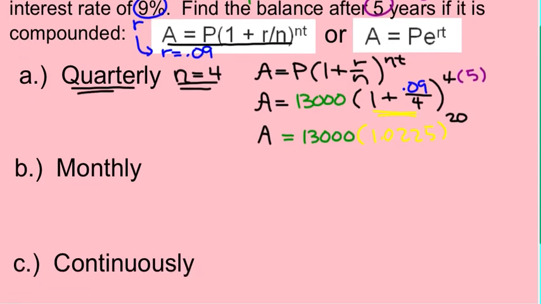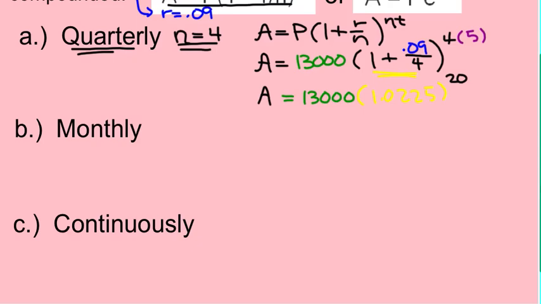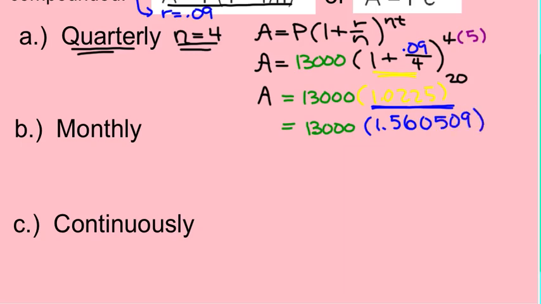Now, either you can be comfortable with your graphing calculator, your scientific calculator, and enter this in one shot, or take your time, leave that 13,000 alone for now and focus on the exponent. So 1.0225, raising that to the 20th power, and go out a pretty big amount of decimal places, 1.560509, and then go back and multiply that to 13,000.